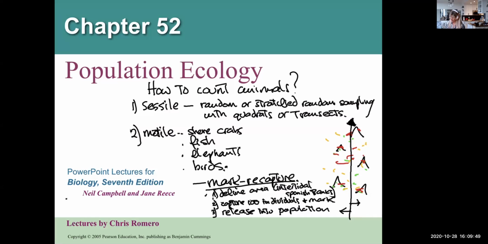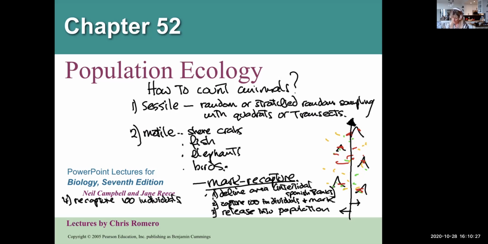And then 4, you recapture, say, 100 individuals. So what you've done is you've taken 100 individuals, marked them, put them back in the population. So now within that evenly mixed population, there will be a ratio of marked to unmarked individuals.